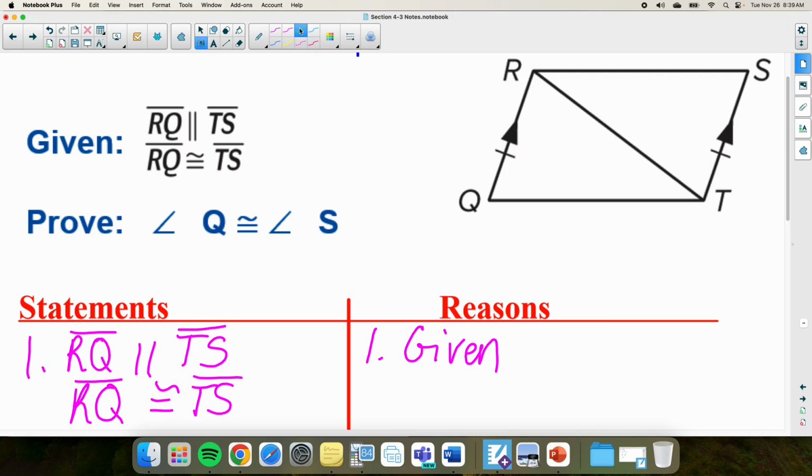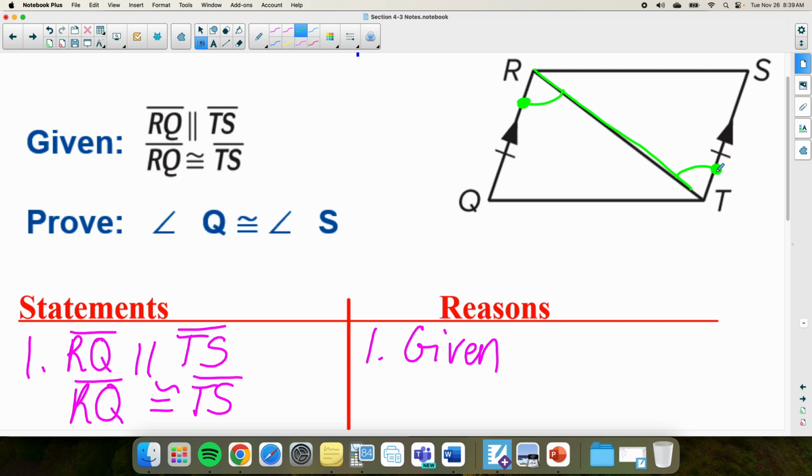Alternate interior. And this is tricky, so please watch this. If these are the two parallel lines, and this is my transversal, okay? The two angles I marked are the ones that touch the parallel lines. So these are the two that are congruent and alternate interior. When you mark it, you touch the parallel lines.